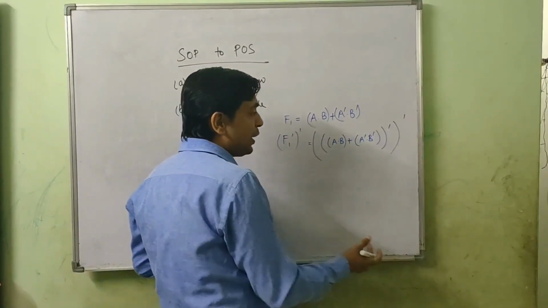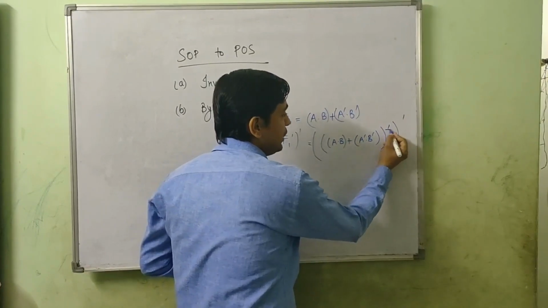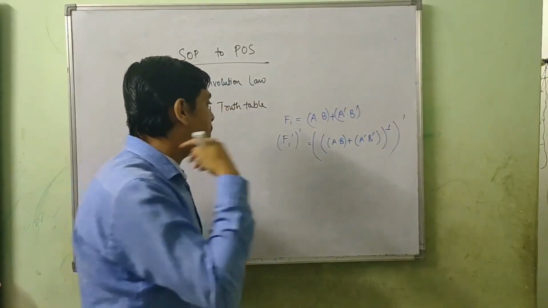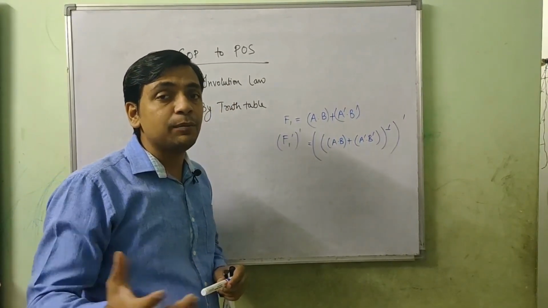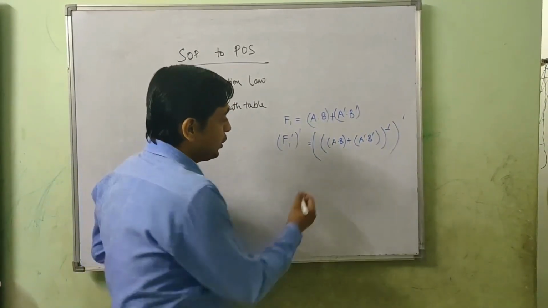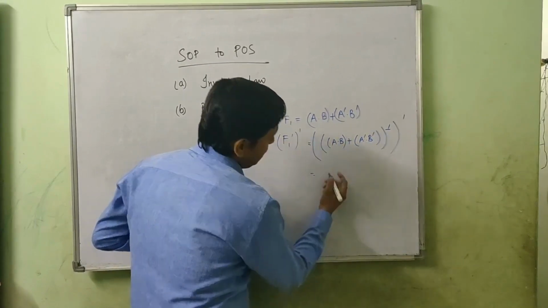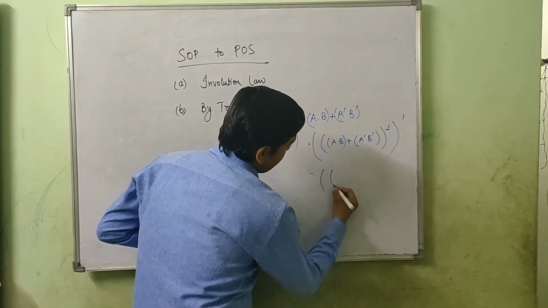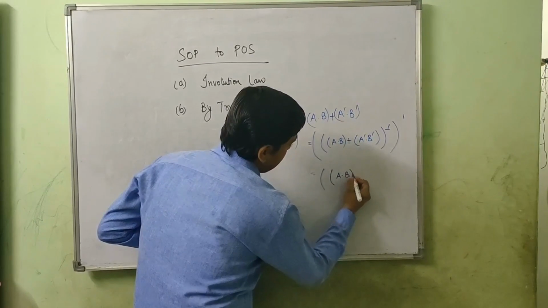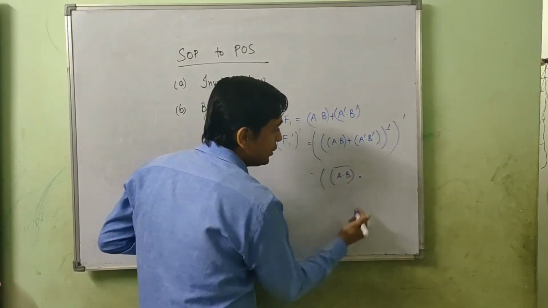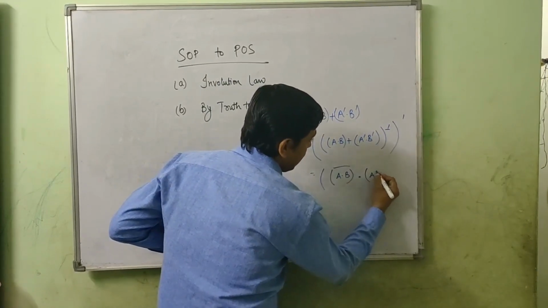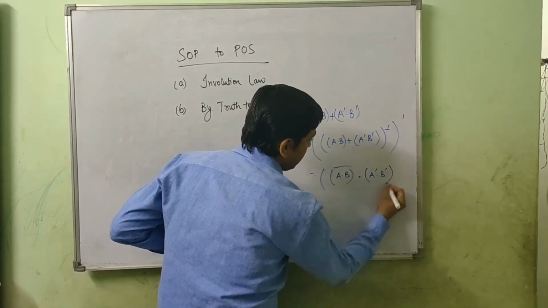Now we apply the inner complement inside, using a law known as De Morgan's law. So it becomes the complement of a and b complement, and the plus changes into an AND, and the complement of a complement and b complement.